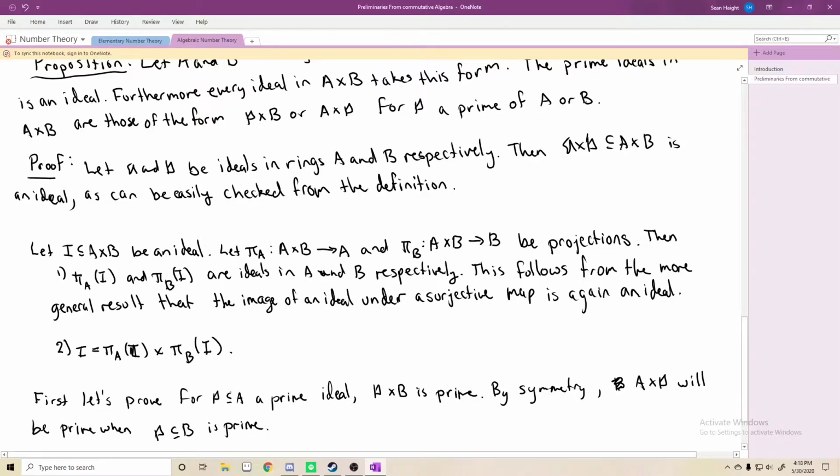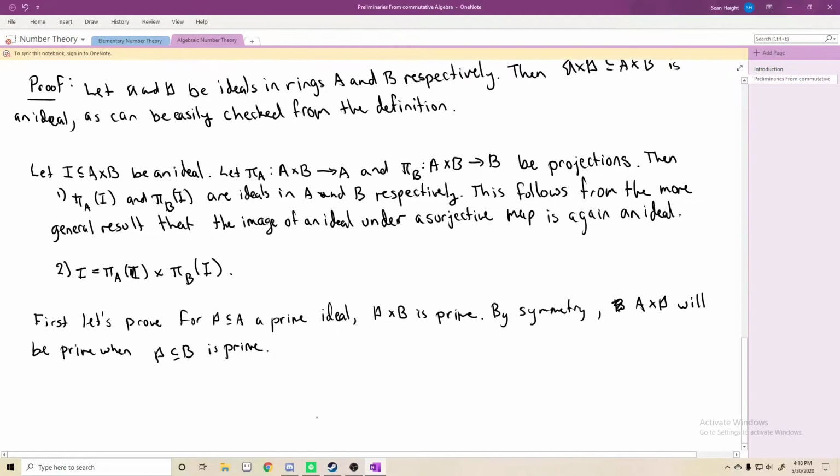So first let's prove that P × B is prime. You could check this directly just using the definition of a prime ideal. However, there's maybe a slightly slicker argument which looks like this.